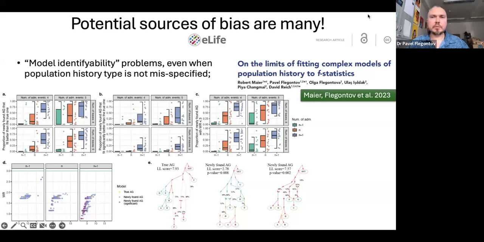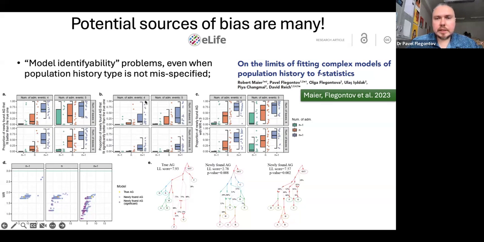And let's move on to other potential sources of bias, so far staying in the admixture graph paradigm. These are model identifiability problems. So even when the type of population history, such as an admixture graph, is well specified, when comparing alternative graph-like models of history, we run into multiple problems.